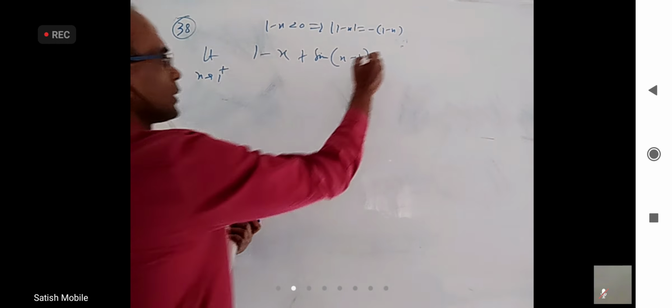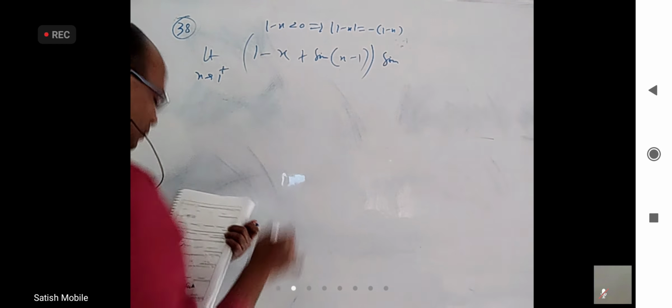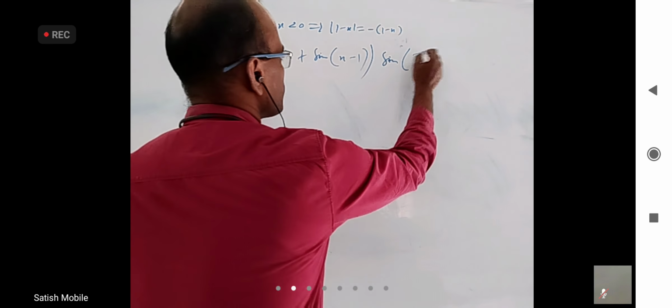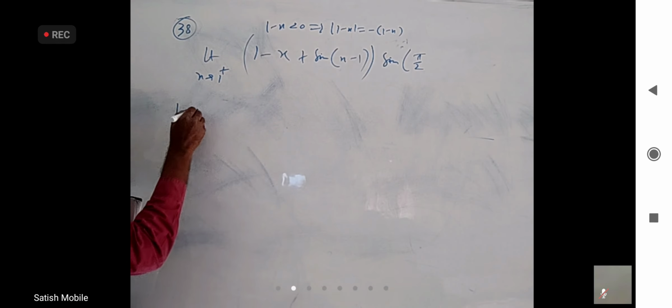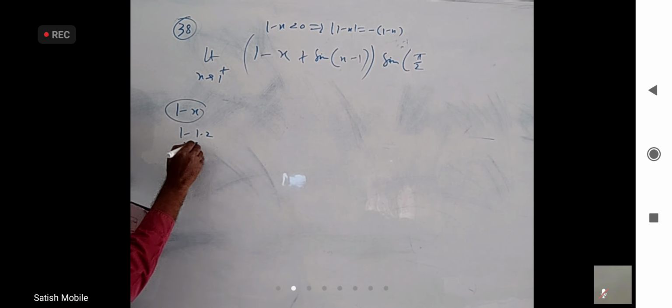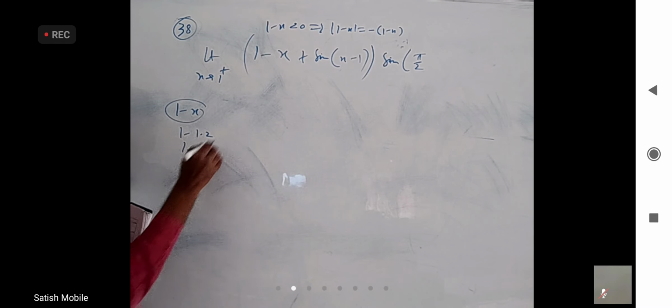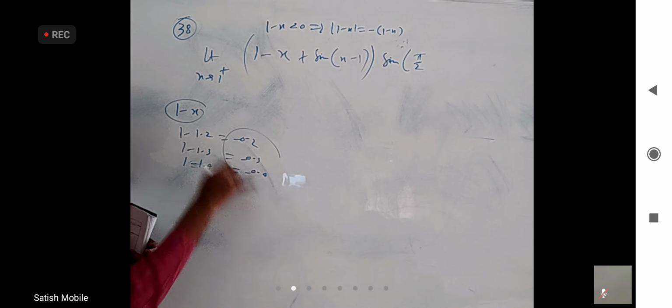Next, sine pi by 2. Okay, now see carefully. 1 minus x just after 1, like you take 1 minus 1.2, 1 minus 1.3, 1 minus 1.4. This will be minus 0.2, minus 0.3, minus 0.4. What is the integer part of all these things?